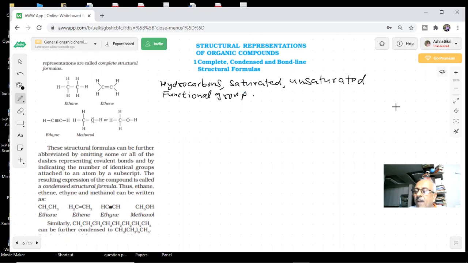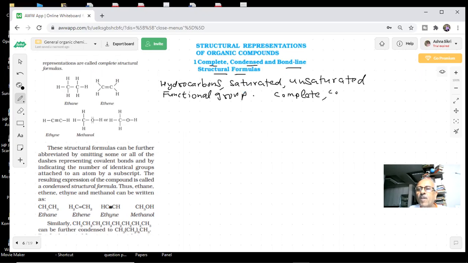We have studied that it is possible to represent compounds in complete form, condensed form, and bond line structural formulas. We must be able to refresh that.